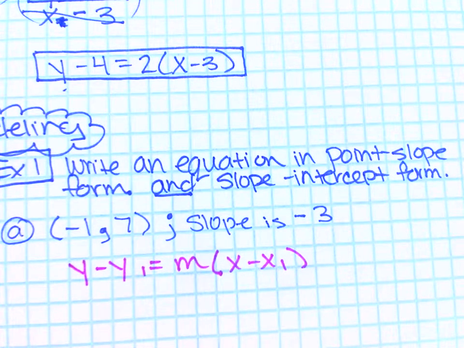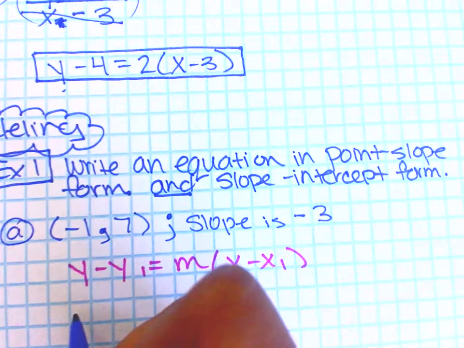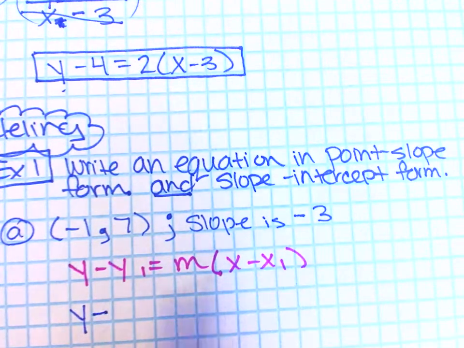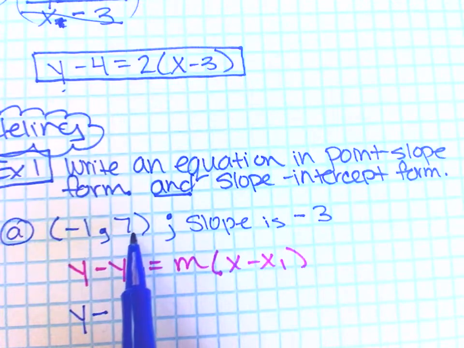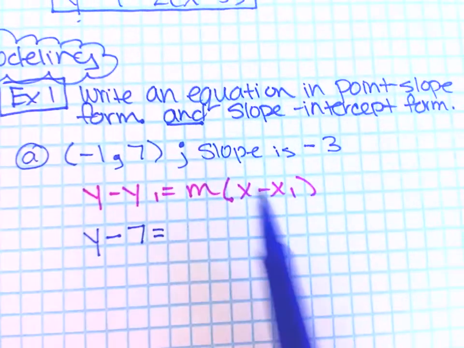Now we're going to plug those numbers in from the points that they gave us over here. So I have y minus, the y that they gave me is 7. So y minus 7 equals m, which is my slope.